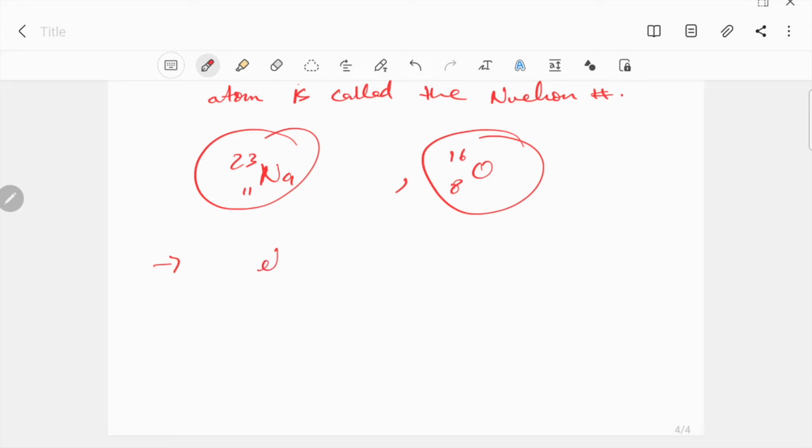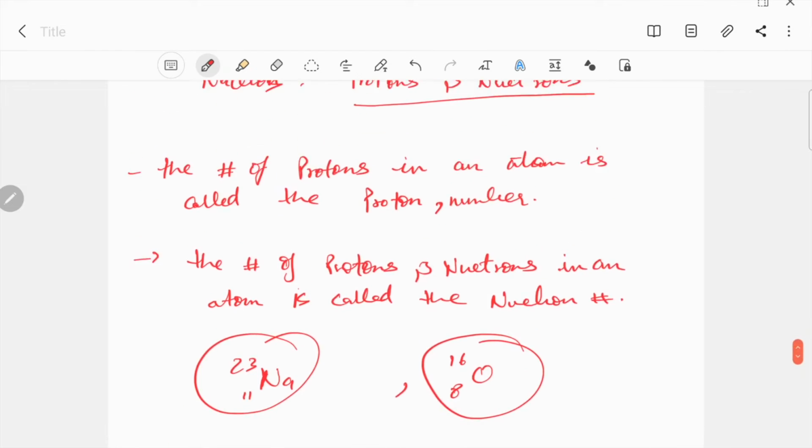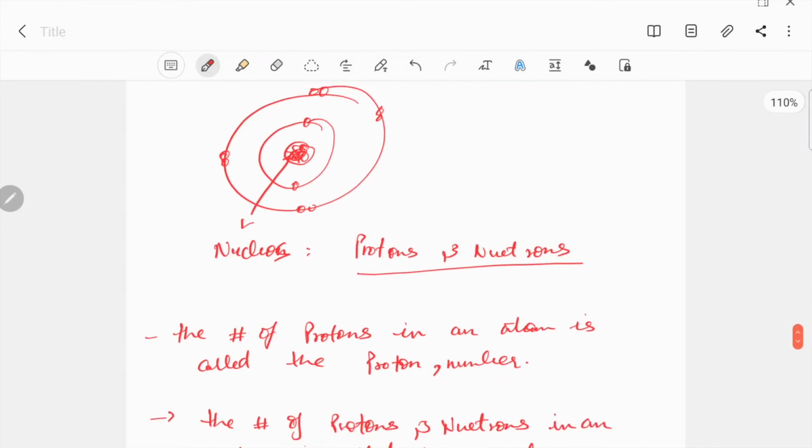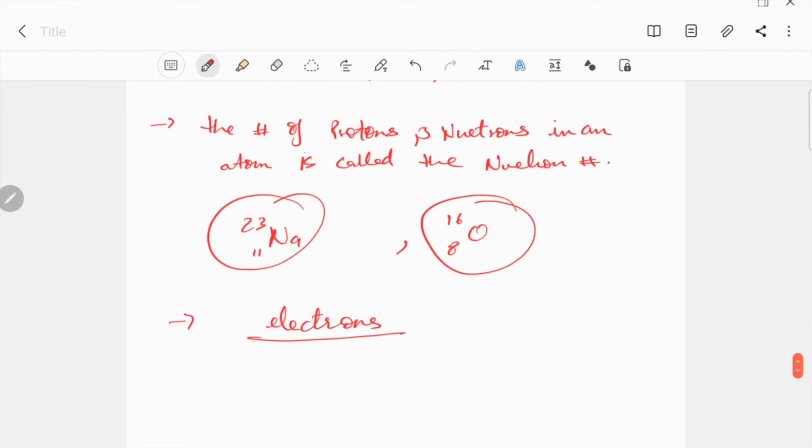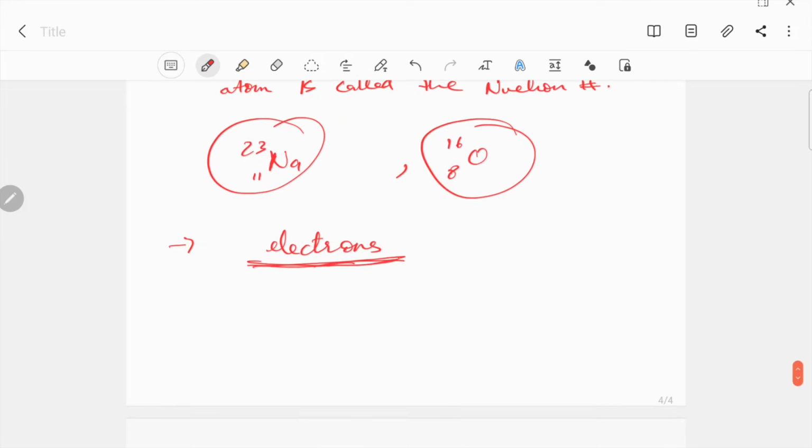Now, once we have established that, let's talk about electrons. Electrons are also fundamental particles that revolve around the nucleus and are free to move around it. Electrons mass और size में both protons और neutrons से बहुत कम होते हैं. And so all particles in an atom are very light.